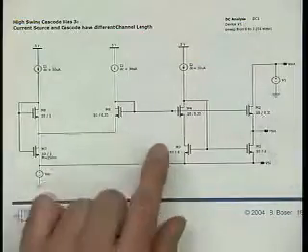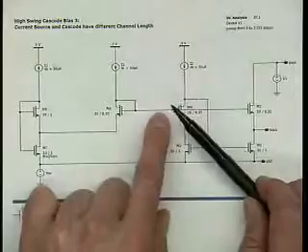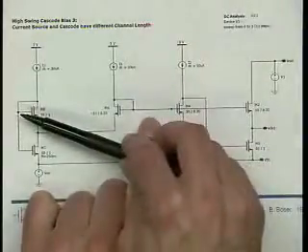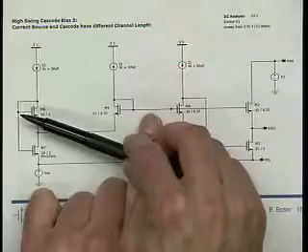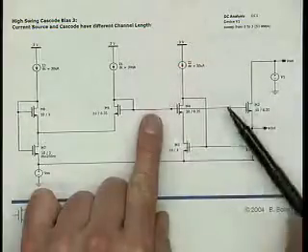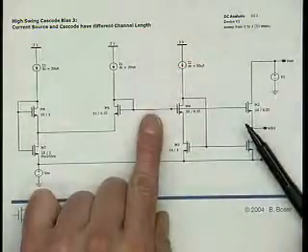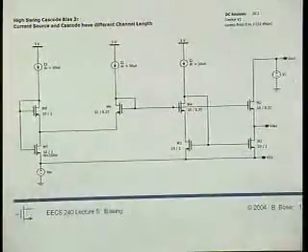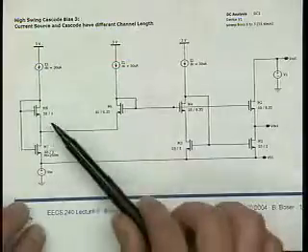Because of that we cannot tie this gate directly to this gate over there, because the smaller transistor actually needs now a smaller VGS than this transistor over here. But it's not really the VGS of this device we are interested in.